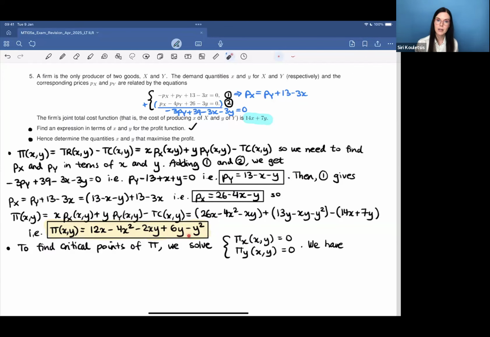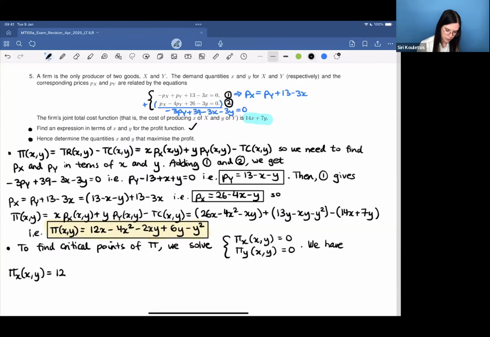So take a little head start and see if you can write down or see what the result is going to be. So the 12x term is going to give us 12 differentiated with respect to x.